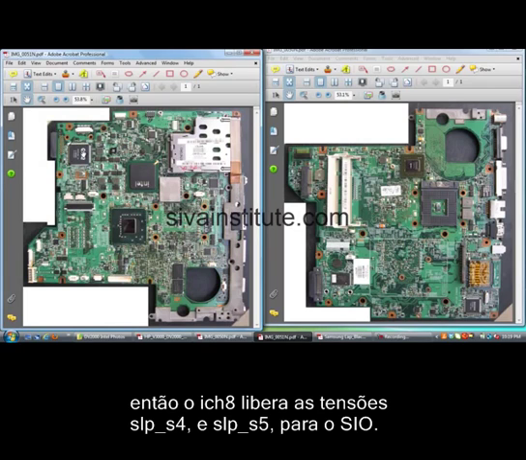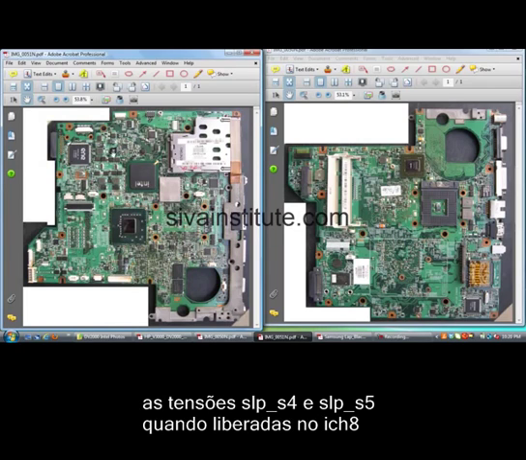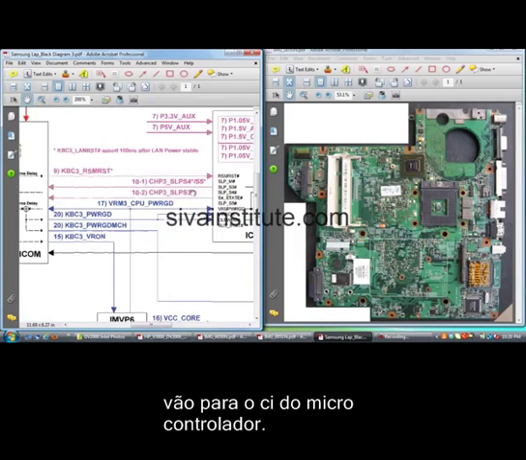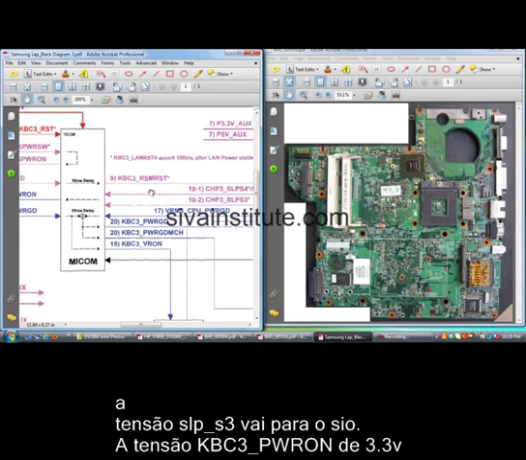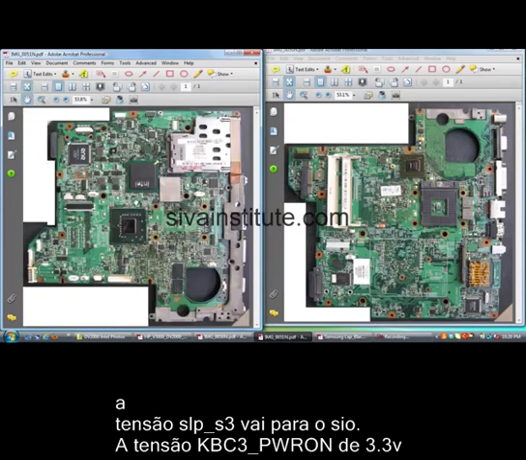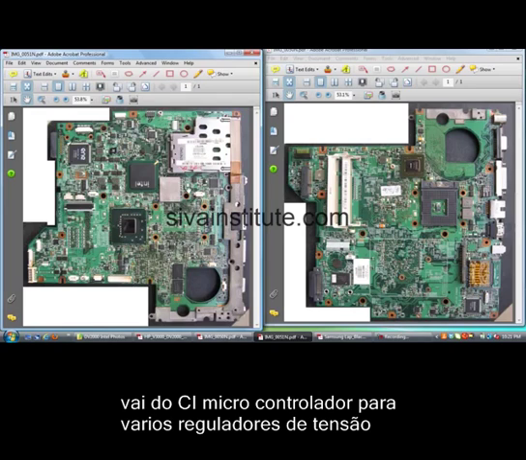When the RSM reset voltage comes to this IC, it releases SLP_S4 and S5 3 volts to this IC. The SLP_S3 voltage, 3.3 volts, also goes to this microcontroller IC.